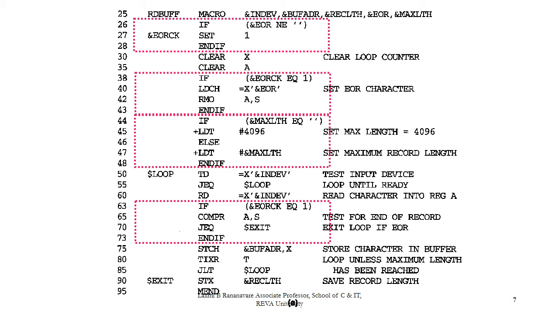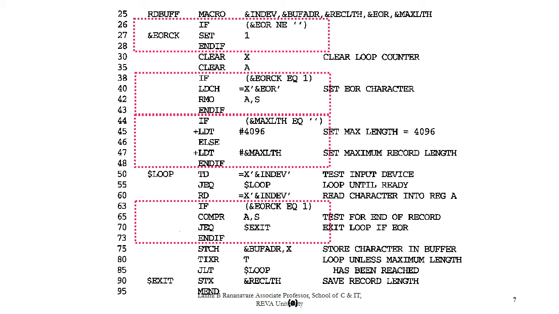TIXR stands for increment the value of the index register and compare that with the T register. Initially X will be having 0 because we have cleared X, and after executing this TIXR, it is going to have 1 in the X register, and the 1 is compared with whatever is there in the T register.